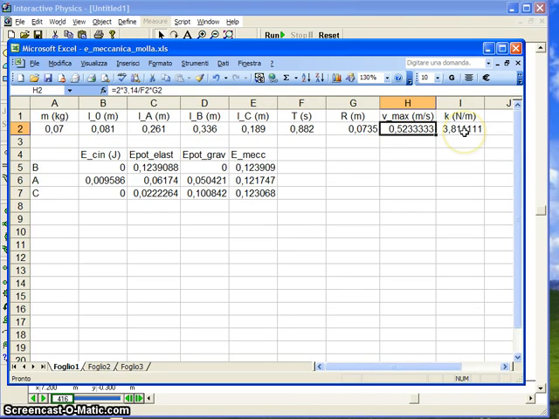Later we will need the K value. K is the elastic constant of our spring.